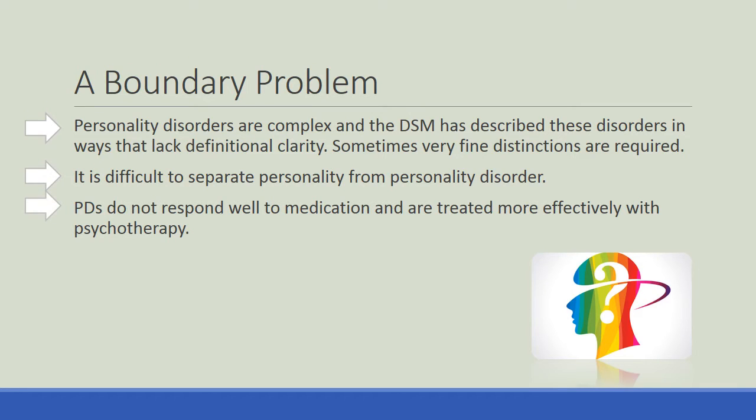And personality disorders do not respond well to medication and are treated more effectively with psychotherapy. Diagnosis is needed to prescribe a particular medication, and many psychiatrists have a background in medication treatment, but not in psychotherapy. So they'll tend to diagnose a co-occurring mood disorder or an anxiety disorder. Now, taken together, we can see these points suggest that personality disorders can be overlooked.